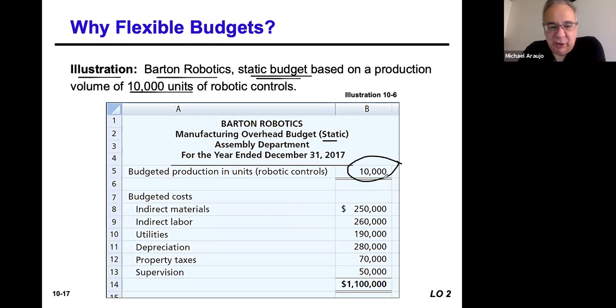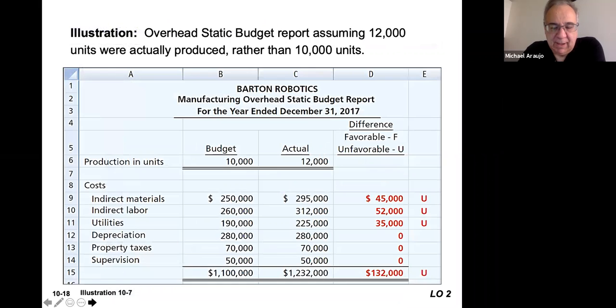So at 10,000 units, their budgeted costs are listed here for your variable and fixed costs, $1.1 million. Well, what if you produce 12,000? As we mentioned in Learning Objective 1, all you've got is a static budget for 10,000.